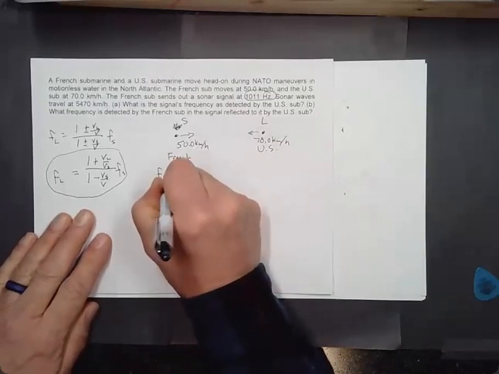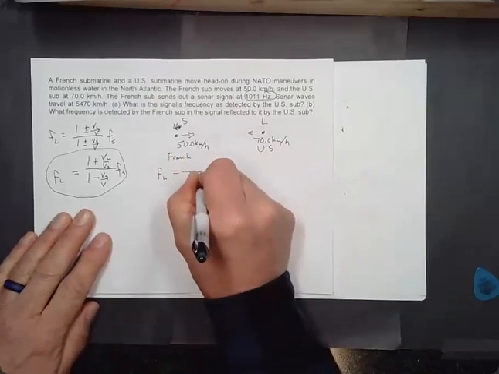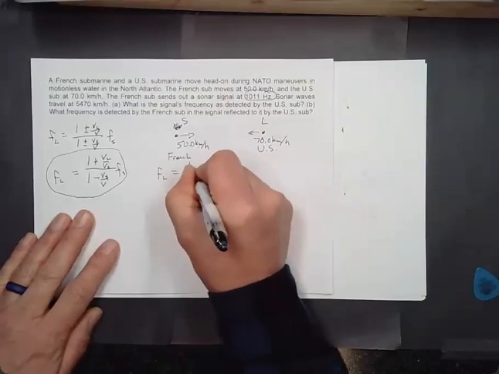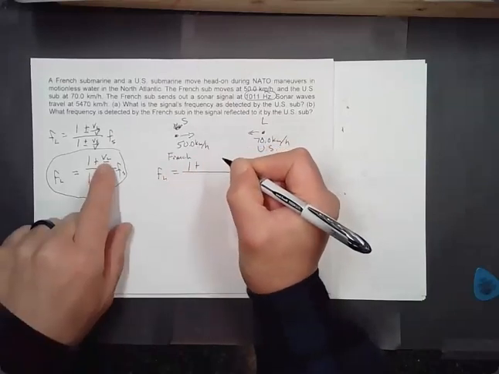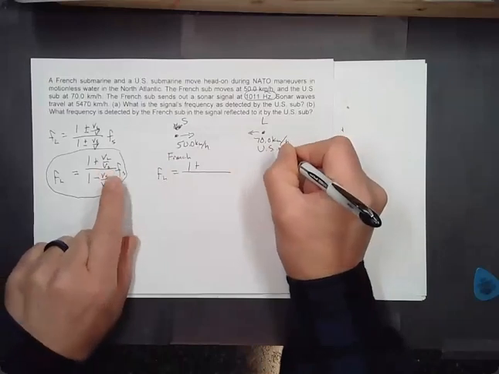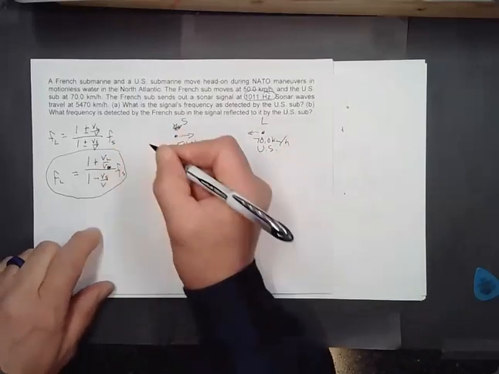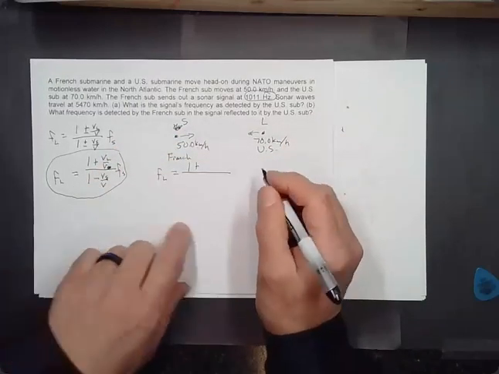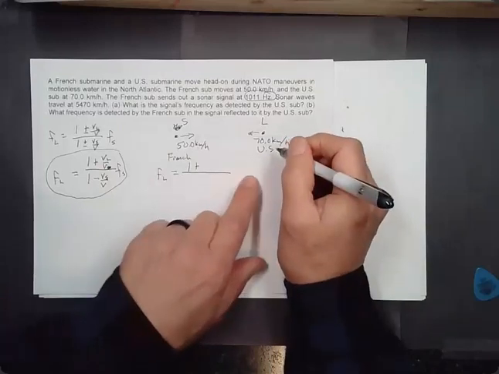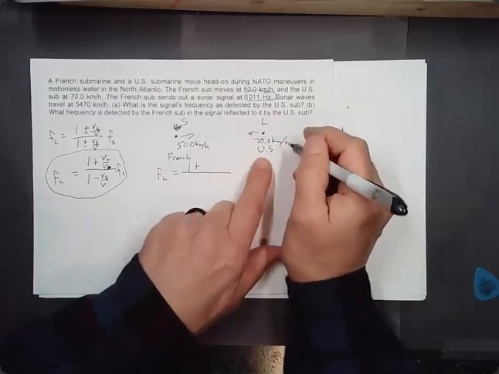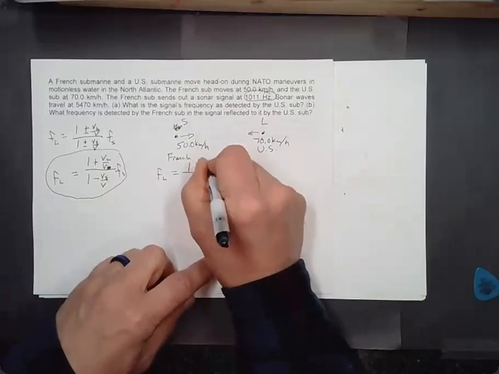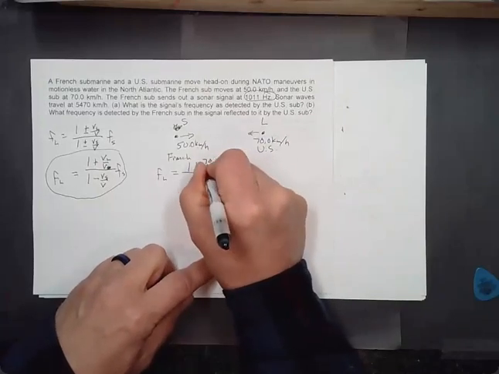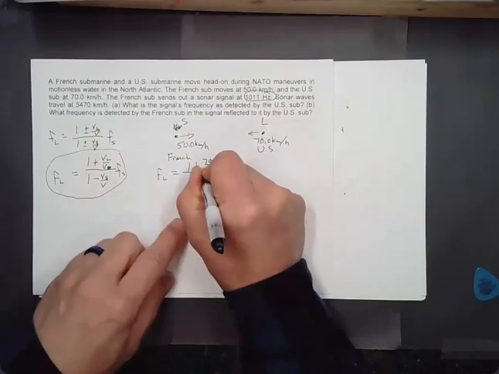The frequency heard by the listener in this case is 1 plus speed of the listener over the speed of sound. Listener is the US sub in this case, so 70.0 kilometers per hour divided by 5470.